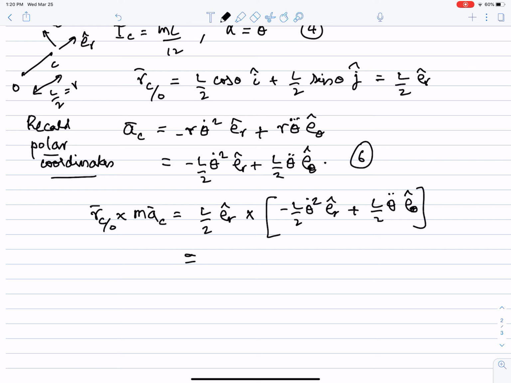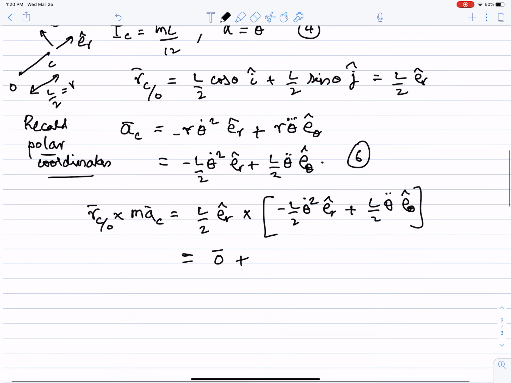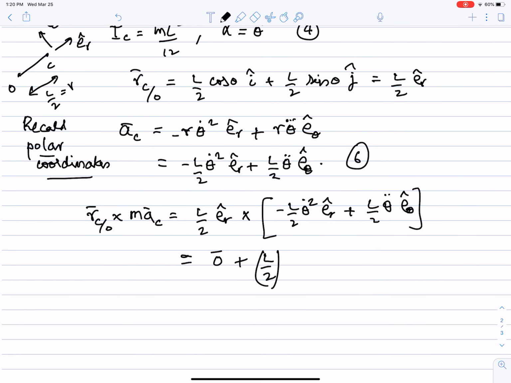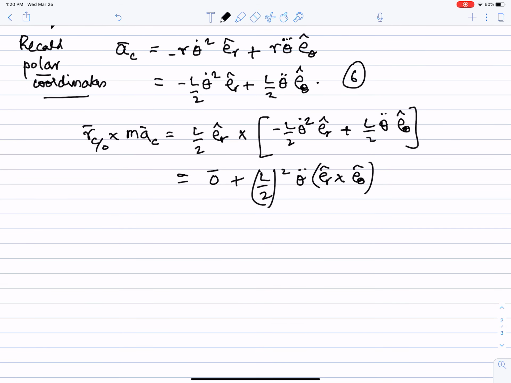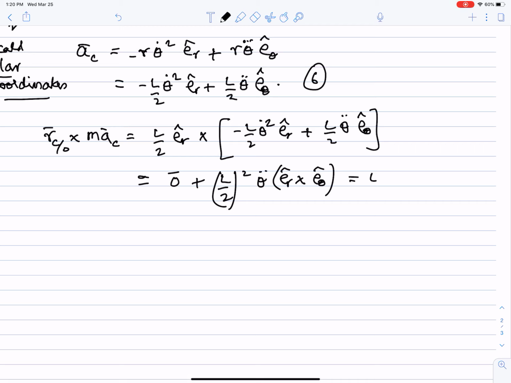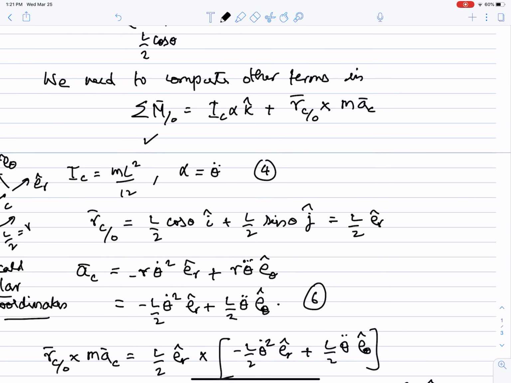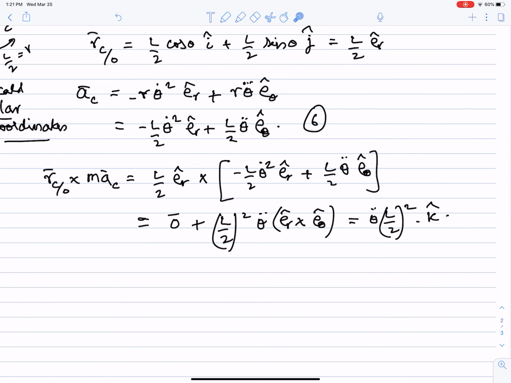So equals 0 plus we have L over 2 squared. Taking the cross product of this and this, you get theta double dot and e_r crossed with e_theta. e_r crossed with e_theta is just k. So we have theta double dot L over 2 squared times k. Okay, so that's what this term is. This term just became, well, we dropped an m somewhere, so let's put the m there.